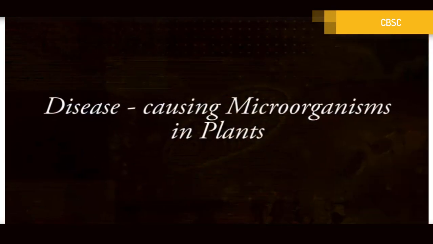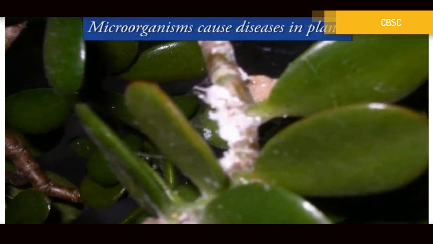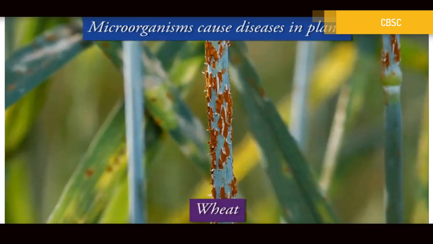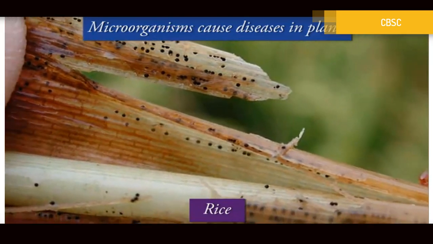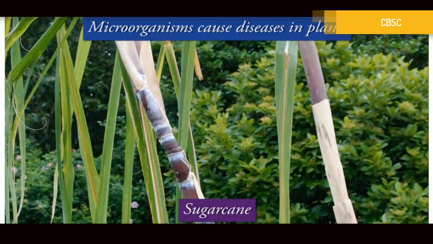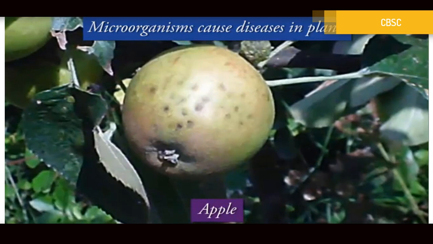Disease-causing microorganisms in plants. Several microorganisms cause diseases in plants, like wheat, rice, potato, sugarcane, orange, apple, and others.